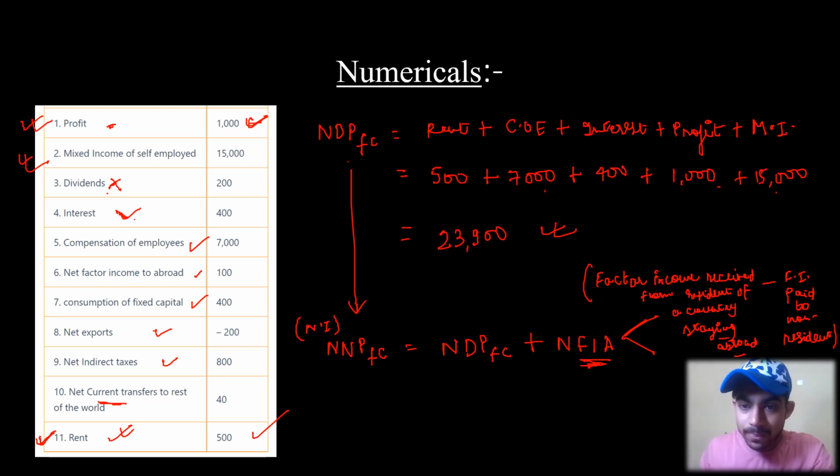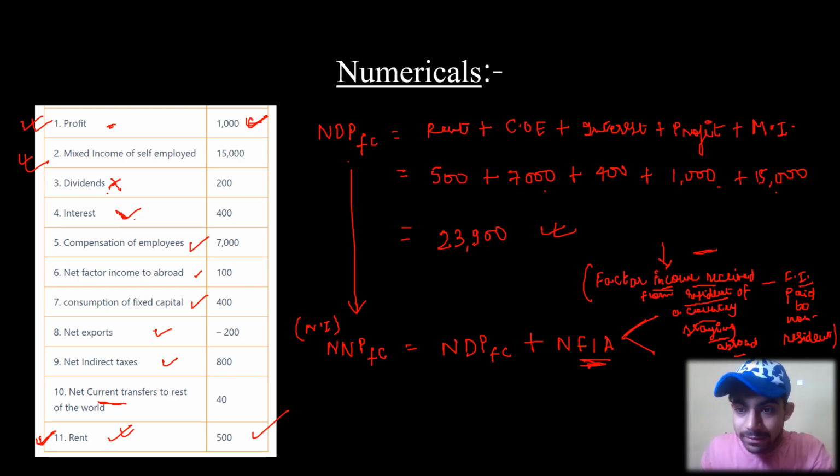Say for instance, let's take the example of India. If someone is a citizen of India, a resident of India, and say for instance he's staying in USA. That is factor income received from a resident of a country: he is a resident of India, but he is staying abroad and he works there and he earns there. So his factor income minus, it could also be that people from outside are living in India, working and earning.